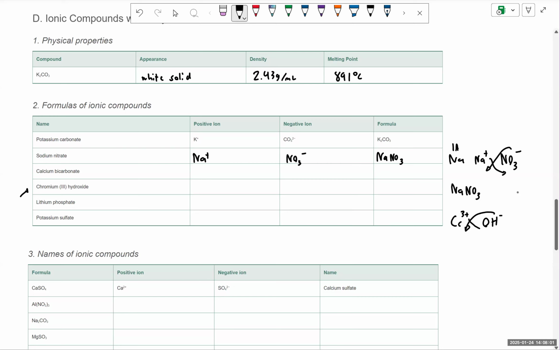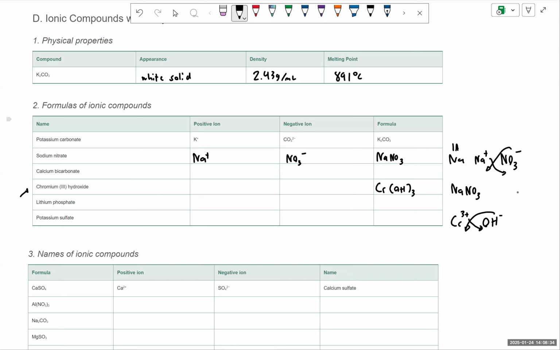So we take the charge and we cross it into the corresponding subscript. And that gives us a formula of 1 chromium atom and 3 hydroxide ions. You have to use the parentheses and a subscript to denote if you have multiple units of a polyatomic ion. So we have 3 hydroxide ions, and that's why we have a parentheses around hydroxide and a subscript of 3.